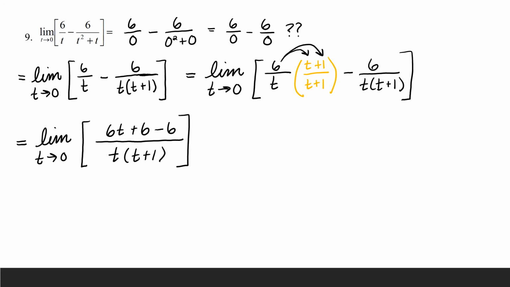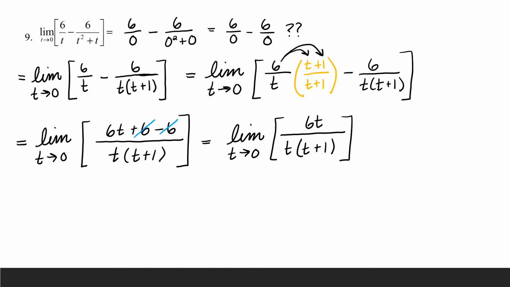And now I can see quite quickly that this plus 6 minus 6 will cancel out. So I have the limit as t approaches 0 of 6t over t times the quantity t plus 1.